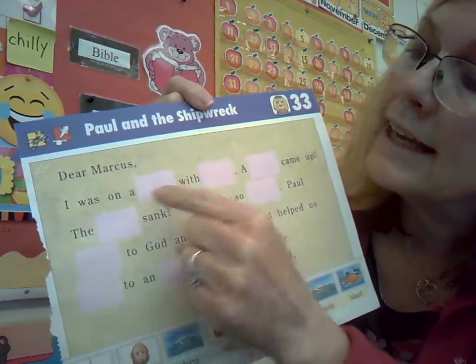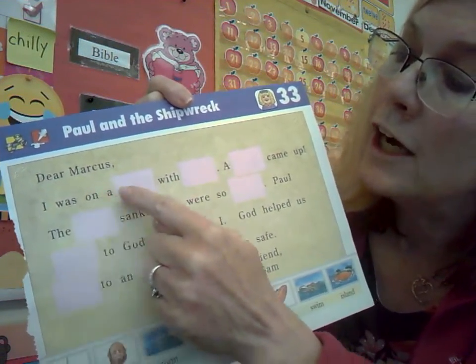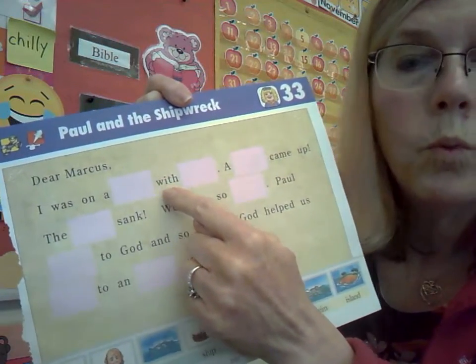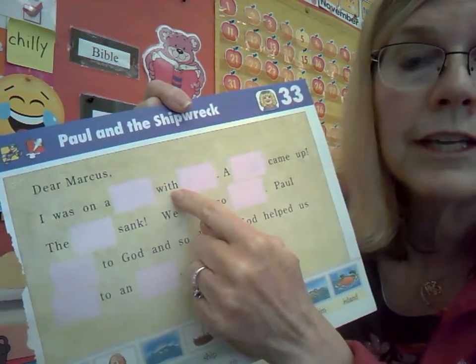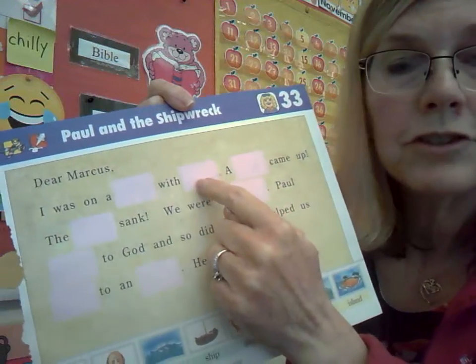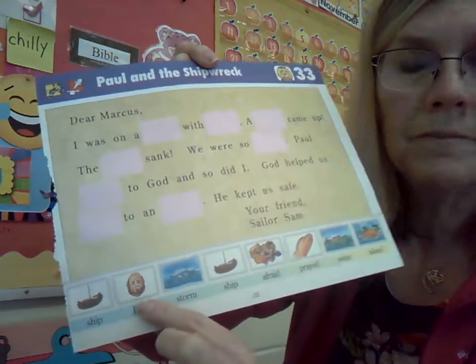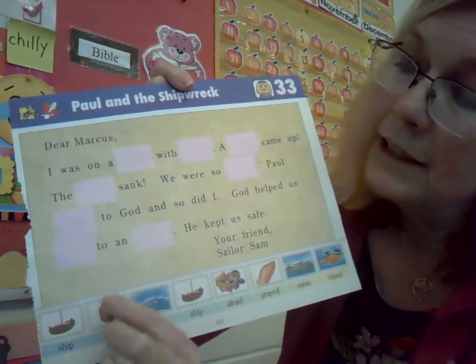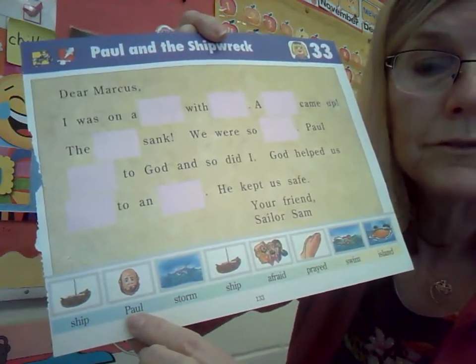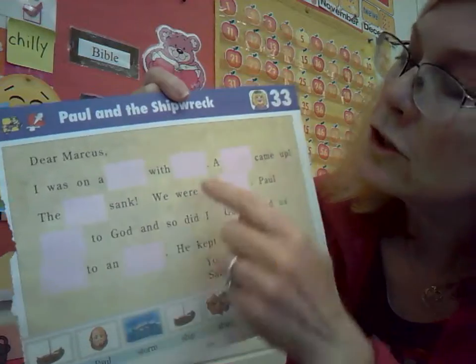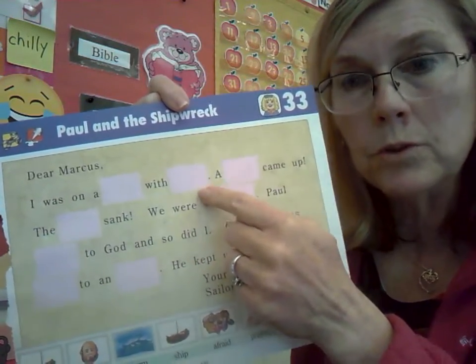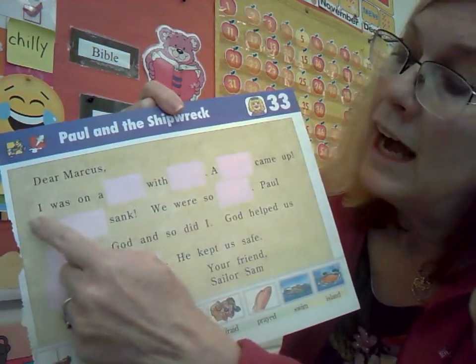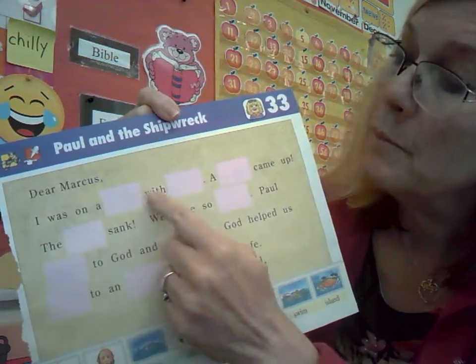So it will say, I was on a ship with, you can hear the TH at the end, with, and here's this place for the next picture, and these pictures do go in the order that they'll appear in the letter. And this is Paul right there, so cut out Paul's picture and glue it onto this spot. I was on a ship with Paul.